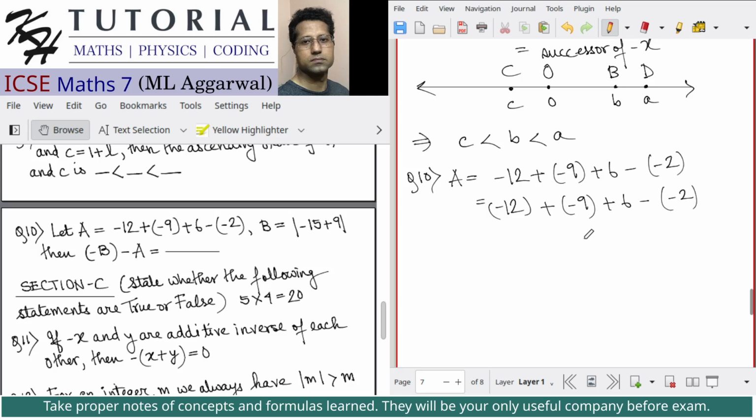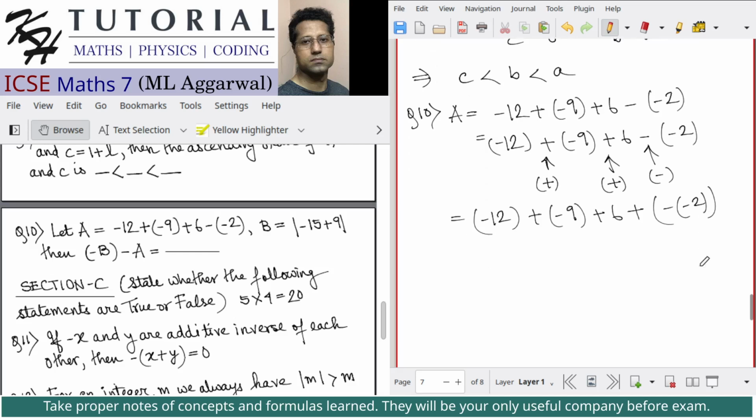We can see that there are two addition operations and one subtraction operation. We will convert the subtraction operation to addition operation, and it becomes minus 12 plus minus 9 plus 6 plus negative of minus 2, or additive inverse of minus 2.